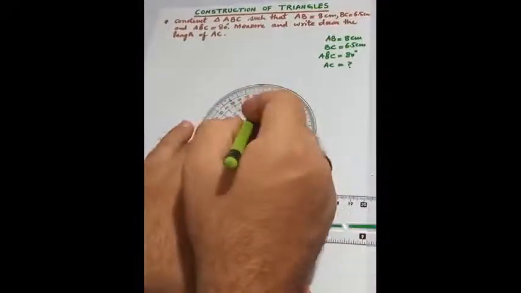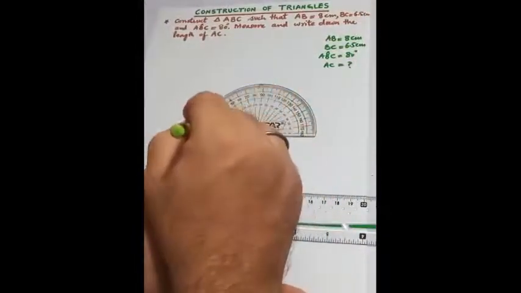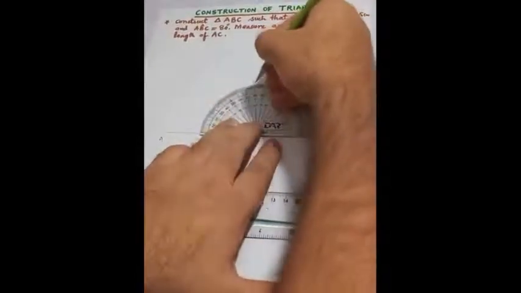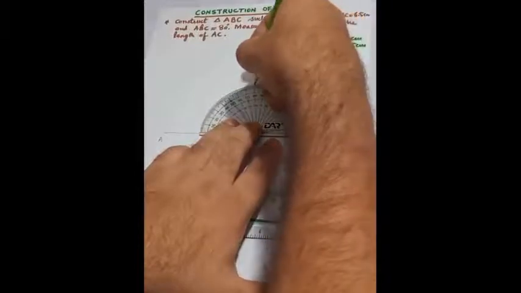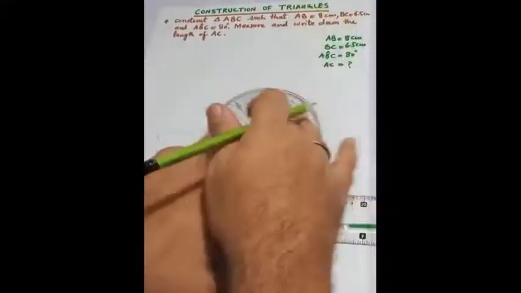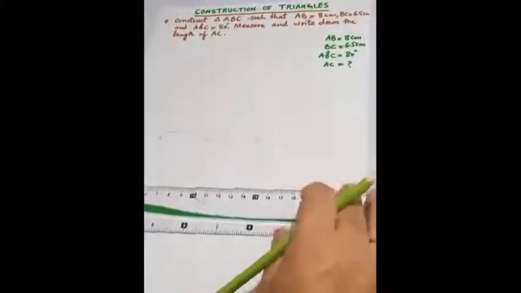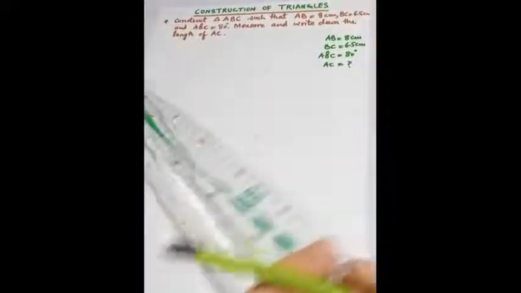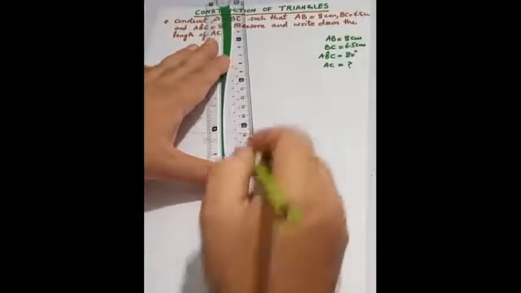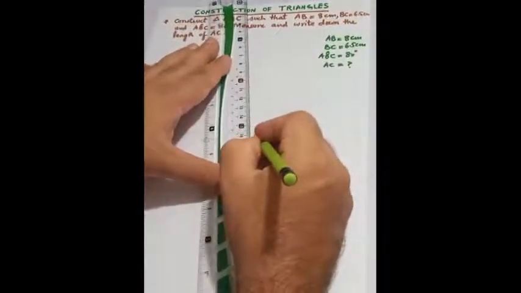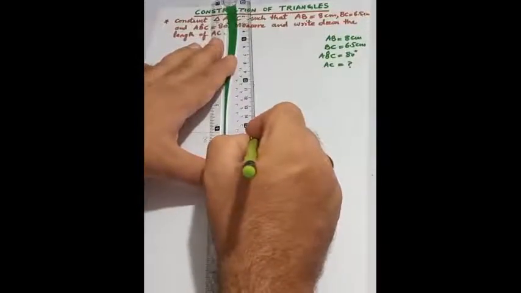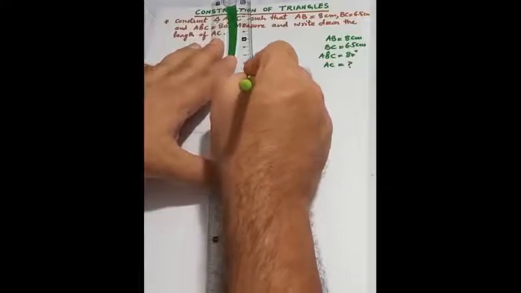Now mark the angle 80 degree here: 0, 10, 20, 30, 40, 50, 60, 70, 80. So here you will mark the angle of 80 degree. Now using ruler and pencil we have to join point B with this point, and now extend.